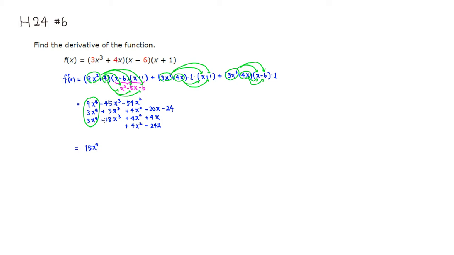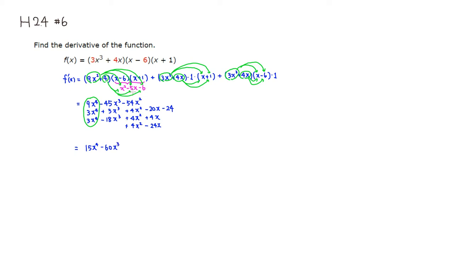I'm just going to do negative 18 plus negative 45, which would be negative 63. Then you're adding 3, so it's going to be negative 60x cubed.